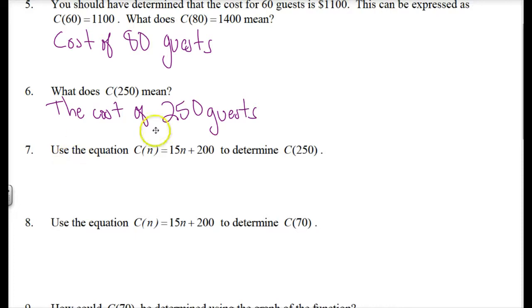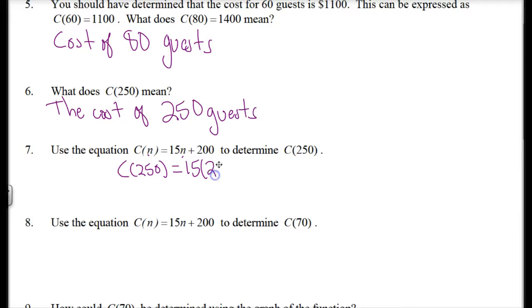Use the equation C of n equals 15n plus 200. So if we want to determine C of 250, everywhere we see an n, we replace it with 250. So I've got the function there, right? Remember math, formula, substitution.